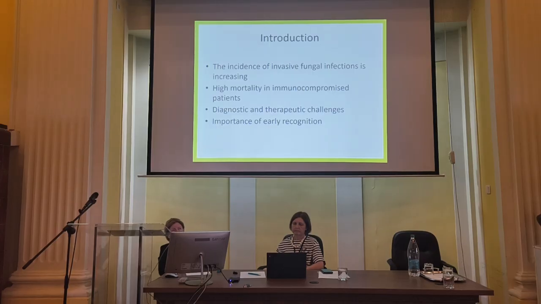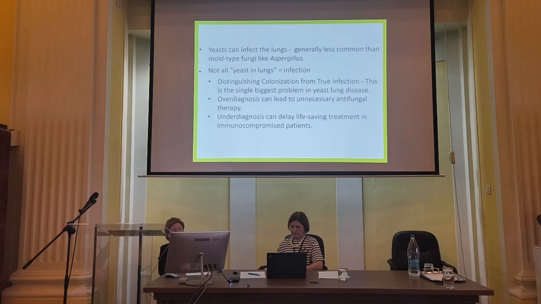Because of all of this, early recognition and timely treatment are extremely important for improving patient outcomes. Although yeasts can infect the lungs, they are generally less common than mold-type fungi such as Aspergillus.